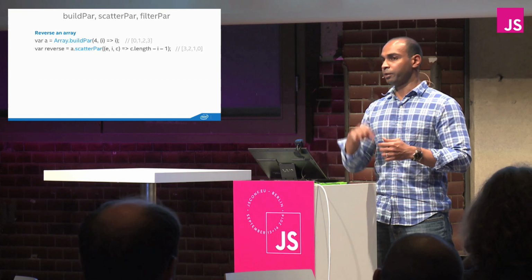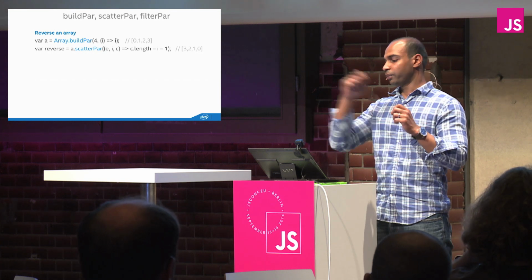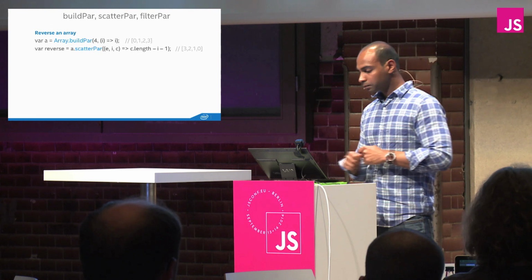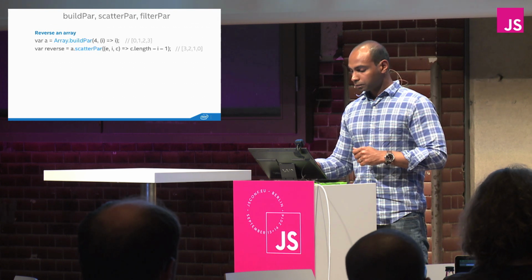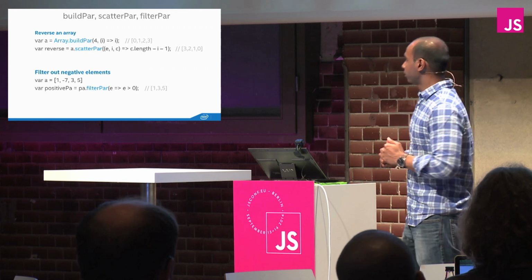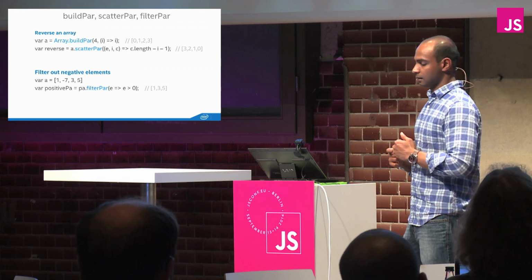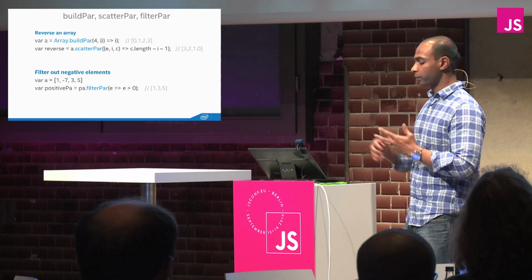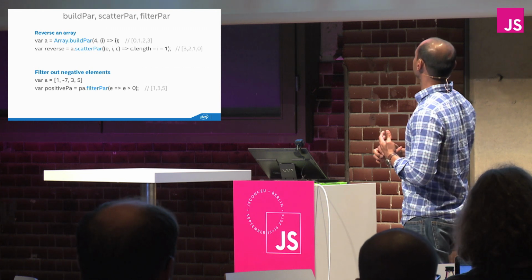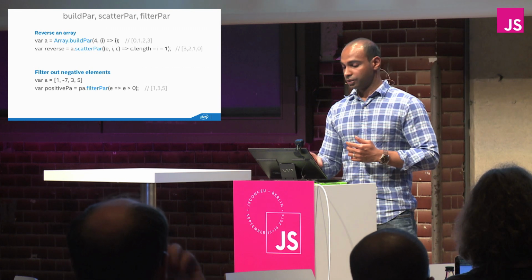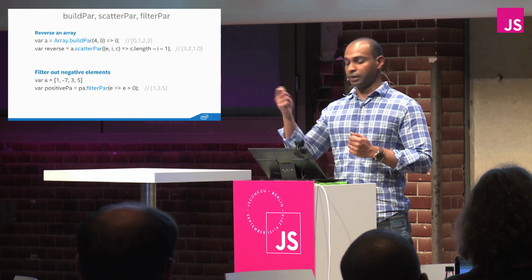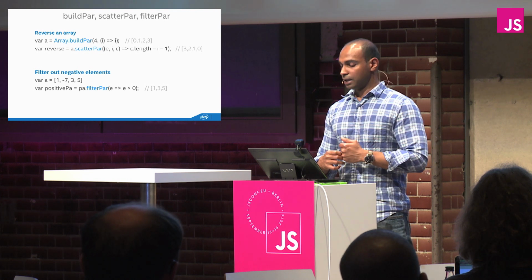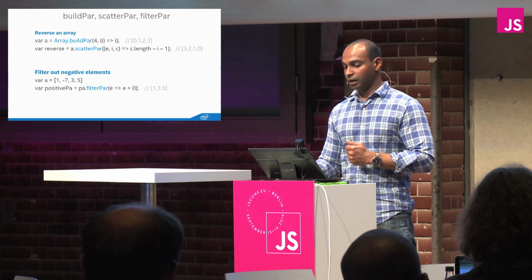So in this case, scatter par is just taking the first element, putting it in the last index, and so on, right? Filter par works exactly the same way as JavaScript filter. It's identical. You just give it an elemental function that returns a Boolean, and that Boolean decides whether the value stays in the output array or not.